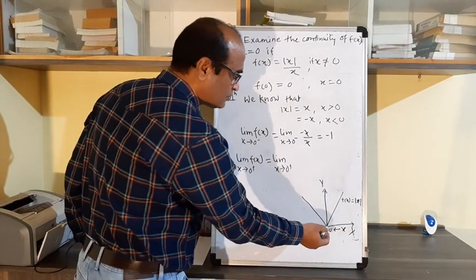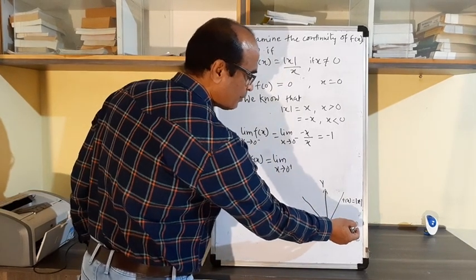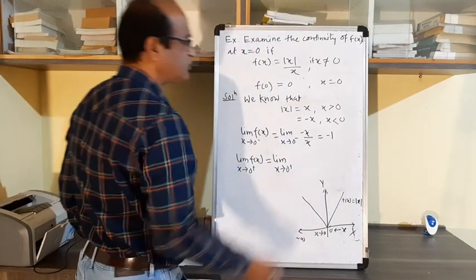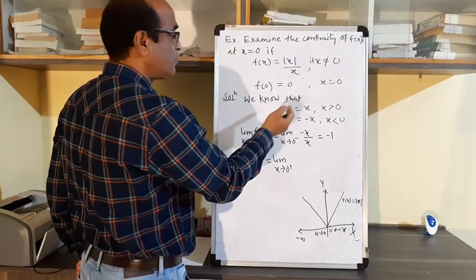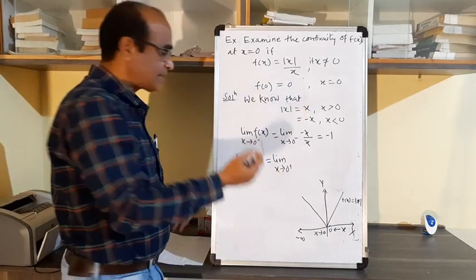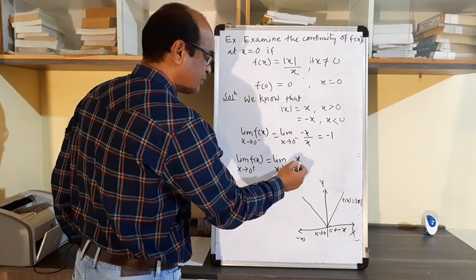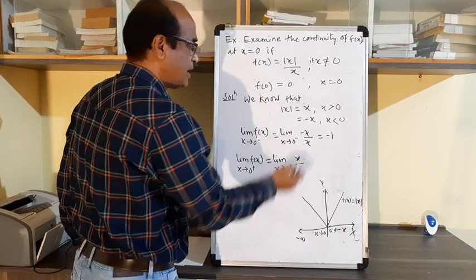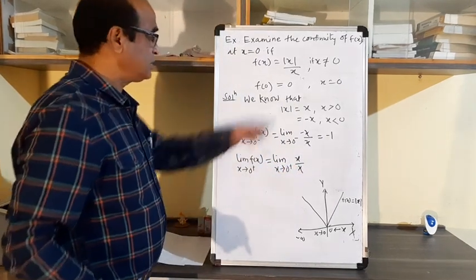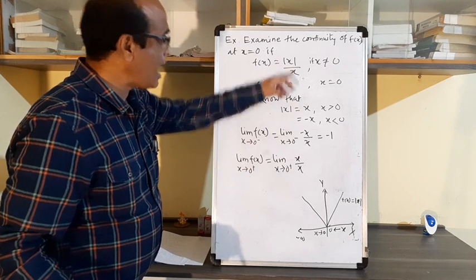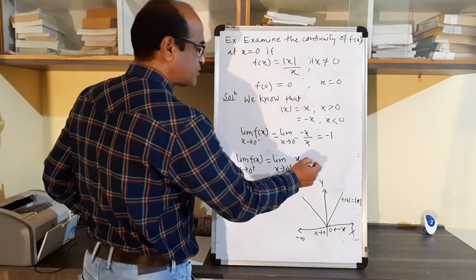All those values from 0 to plus infinity are positive, so x greater than 0 means all values are positive. So we take mod x is equal to x, simply x, divided by this x. So x upon x is 1 here.